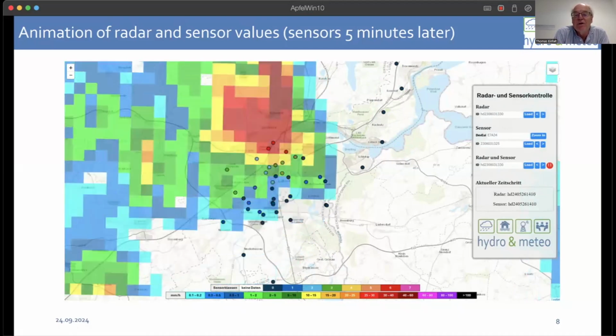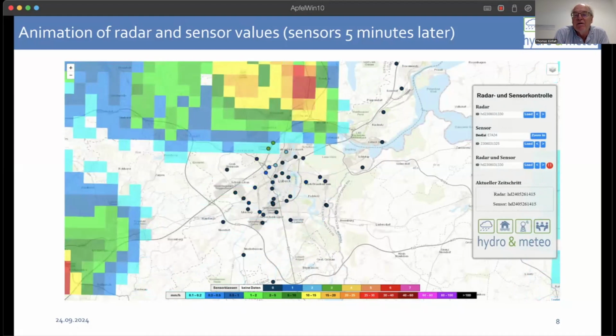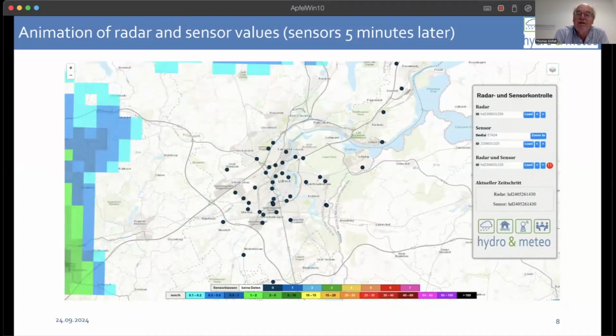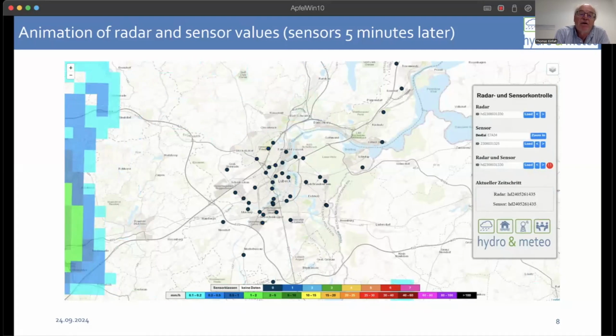Is it because the radar sees the rainfall earlier than the sensor, because the rainfall still has to fall down to the ground, or whether there is drift in the rainfall so that the location where the radar sees the rainfall is different than the location where the rainfall is touching the ground.